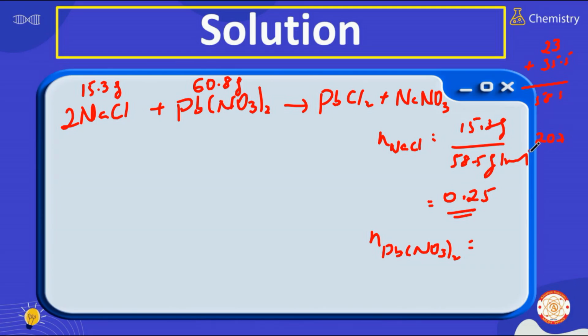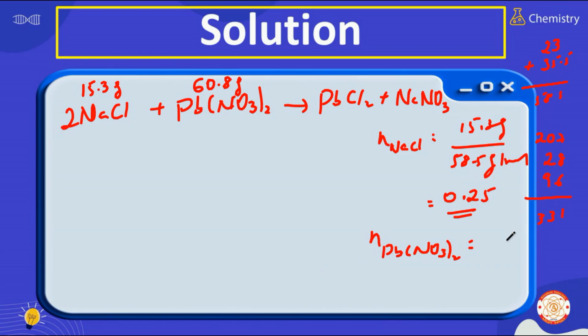Nitrogen 14, because we have 2 here. This multiplies both the value of oxygen as well as the value of nitrogen. Right? So 14 times 2 is 28, and then oxygen 16 times 6 is 96. 1, I have 2, 3, I have 1.